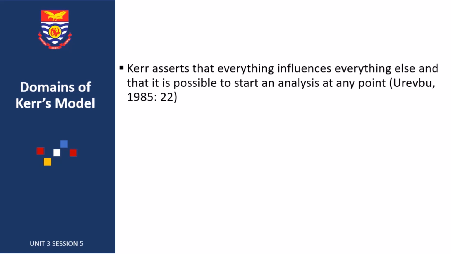What that implies is that in the curriculum development process, one can begin from the objectives, from the knowledge, from the learning experiences, or from the aims that have been stated. Since we can start the process from any of these phases, Kerr says that everything influences everything else. And so we can start analysis from any point in the curriculum development process.